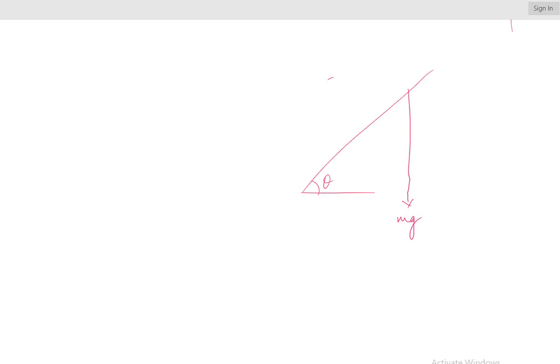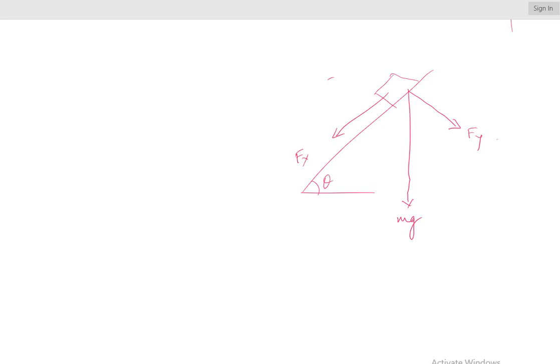Okay, here is the component. I'm just going to call this Fy, let's say, and so this is the object, this is the block, so this is Fx.